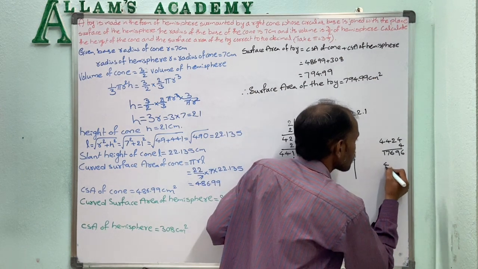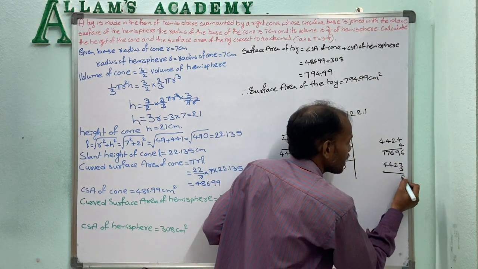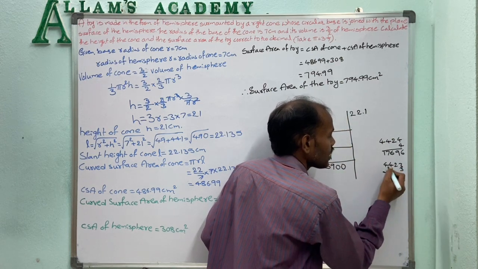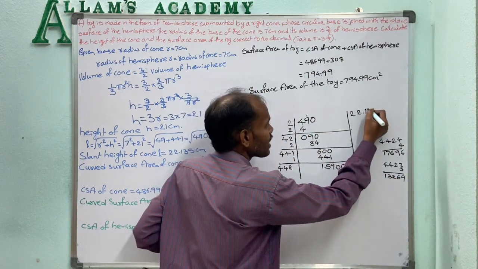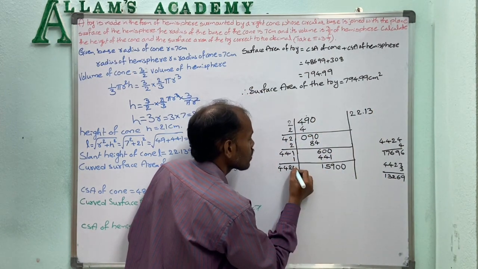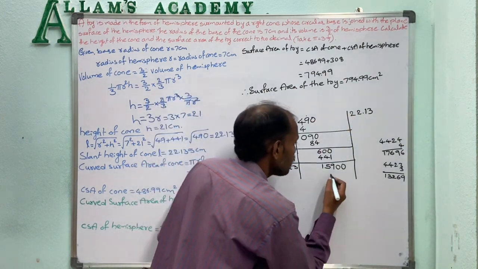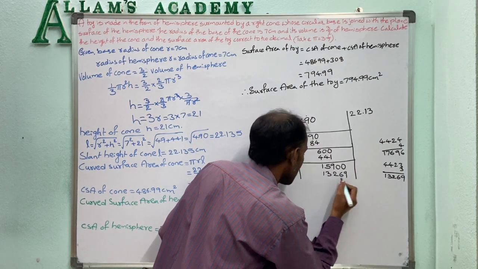So 4,423 threes only we observe. 3 threes 9, 3 twos 6, 3 fours 12, 3 fours 12 plus 1 is 13. That means threes only we take. 4,423 threes, that is 13,269.